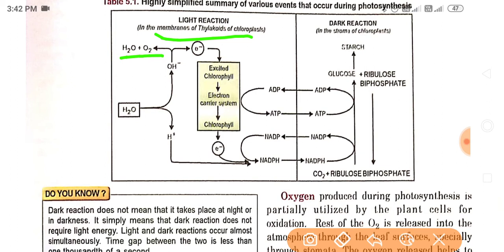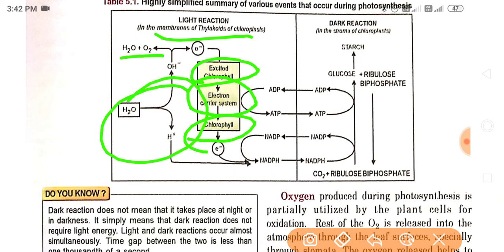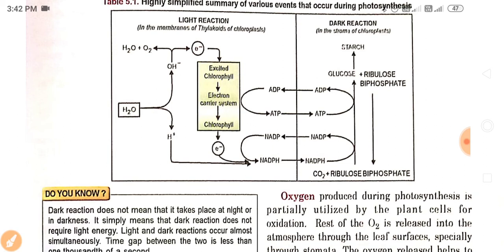First is excitation of chlorophyll, then electrons pass through the electron carrier system, and from H2O oxygen is evolved. In the dark reaction, the first product from CO2 and ribulose bisphosphate is glucose. It forms glucose and then it is converted into starch, and NADPH and ATP, you already know, are the energy providers for this reaction.